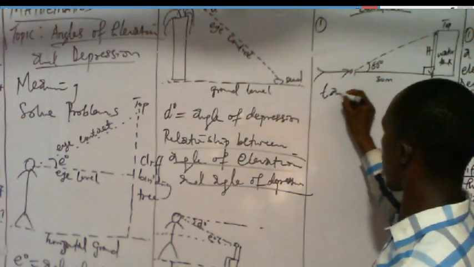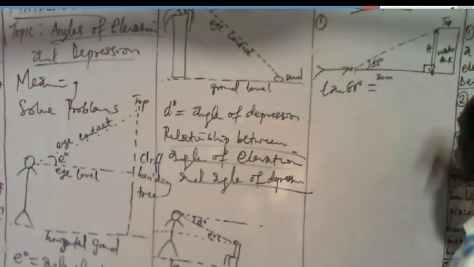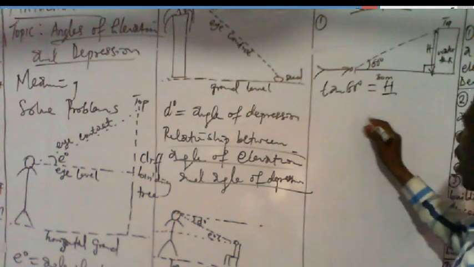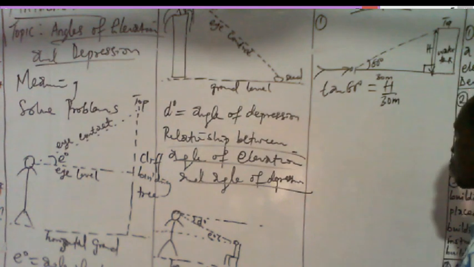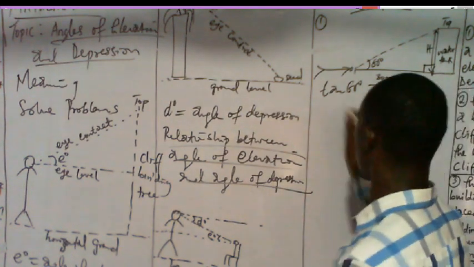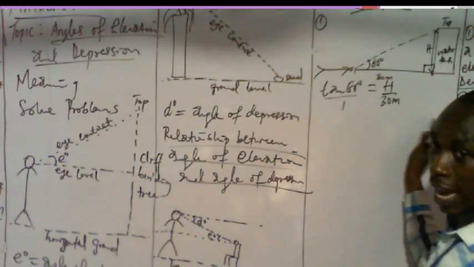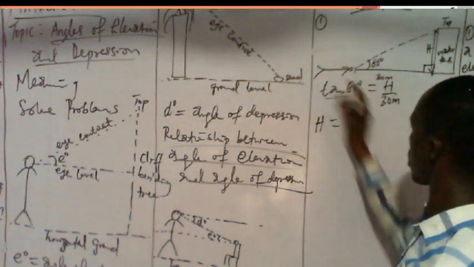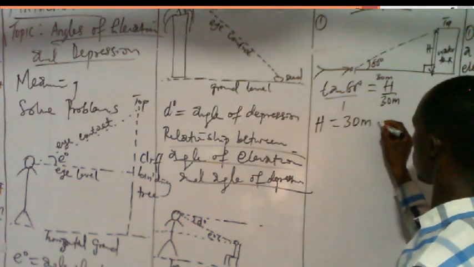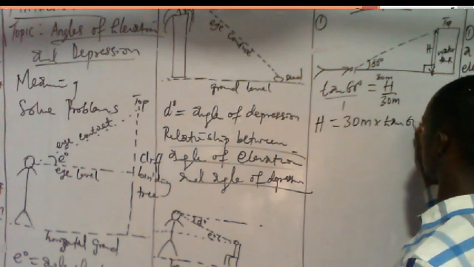We say tan 60 degrees is equal to opposite, H, over adjacent, 30 meters. Now when we cross multiply, we have 1 times H. H is equal to 30 meters times tan 60 degrees.